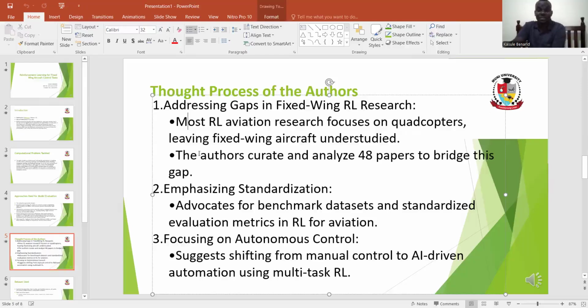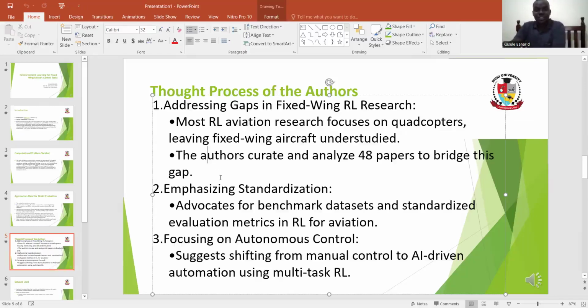reinforcement learning research. So you realize that most RL aviation research focuses on quadcopters, leaving fixed wing aircraft studies. So in this case, we wanted to enlarge our study, putting aside quadcopters and also focusing on fixed wing aircraft.